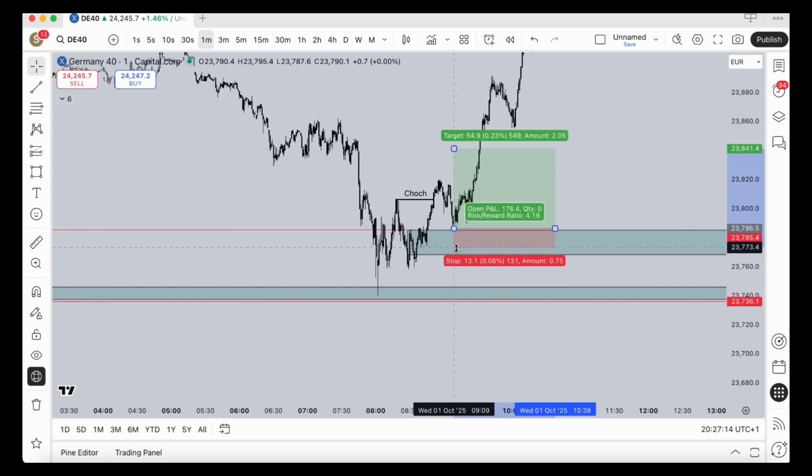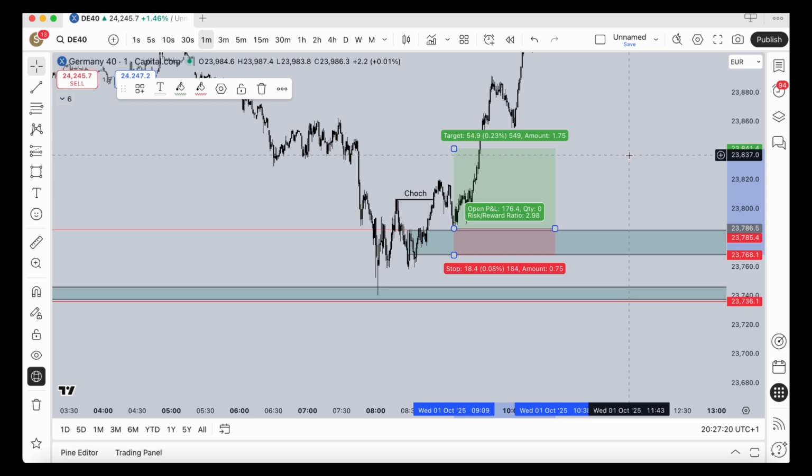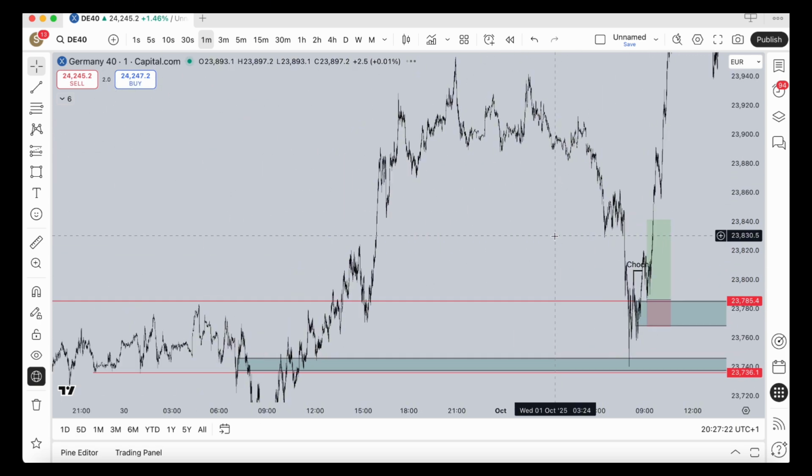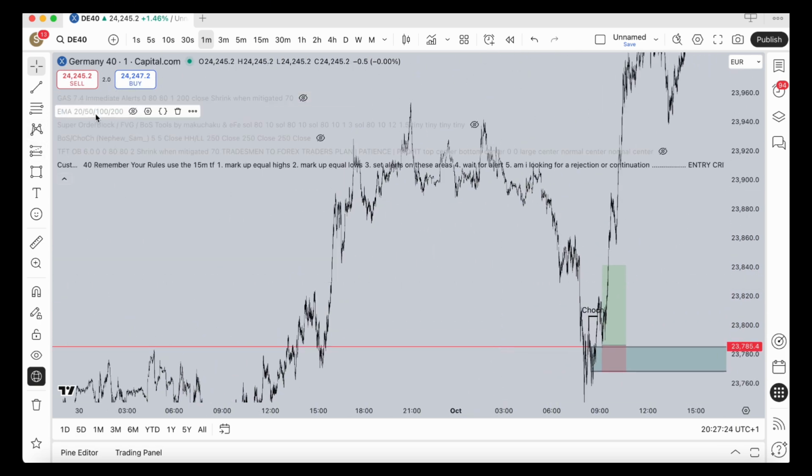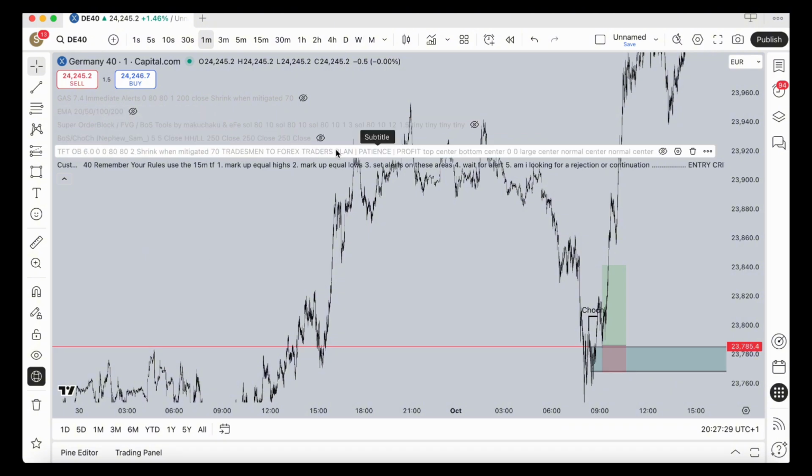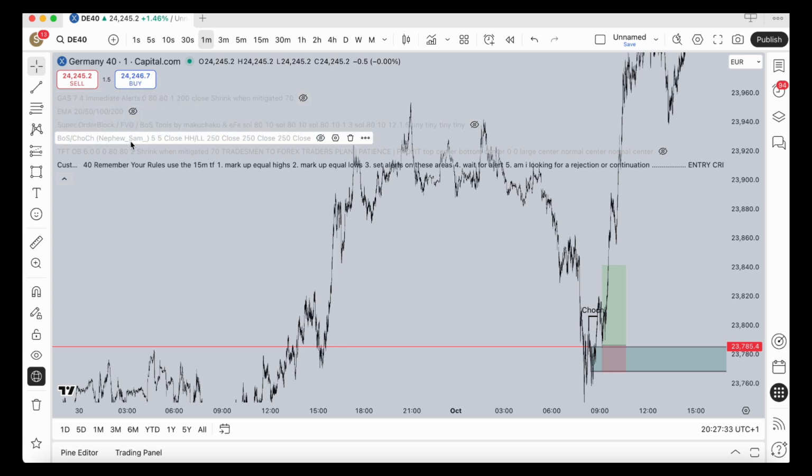I could literally just cover that there. Let's just cover this box, see where we get, and then we'll put on our sessions. Sessions have actually disappeared.